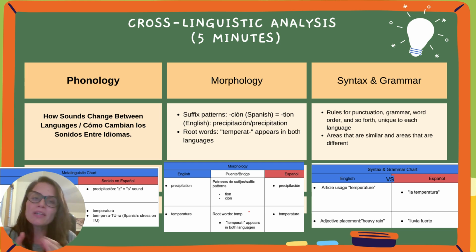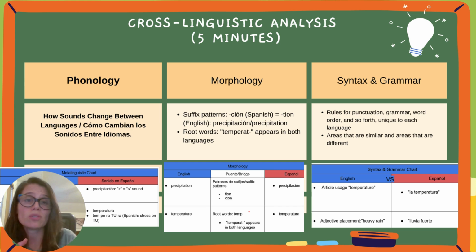Now I know that this is going to take more than 5 minutes, but the idea is to keep the bridge. Maybe one day we can just go over any phonology or sound differences between the words in English and Spanish. And then the next day we can find any word patterns. And then on another day, we can make connections into rules for punctuation, right?